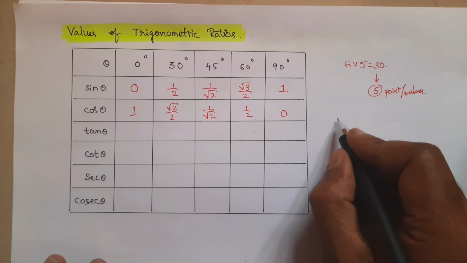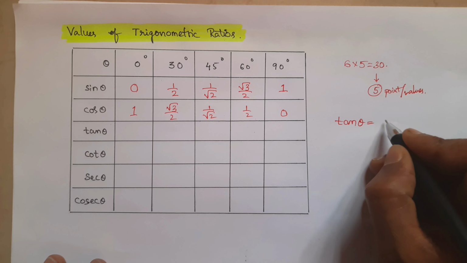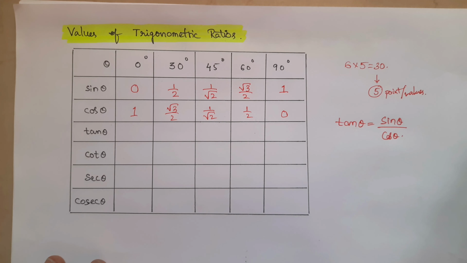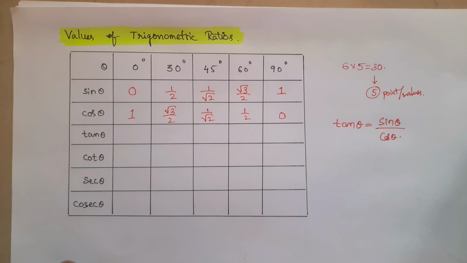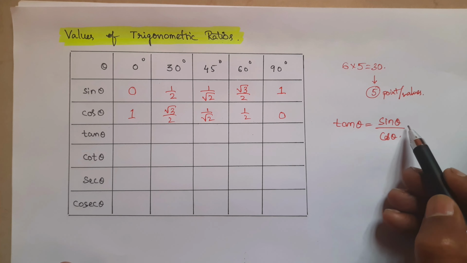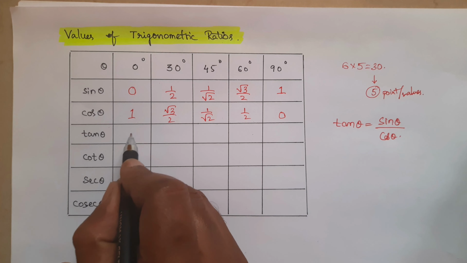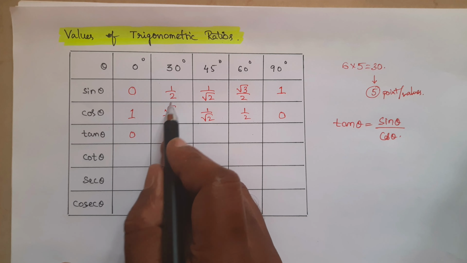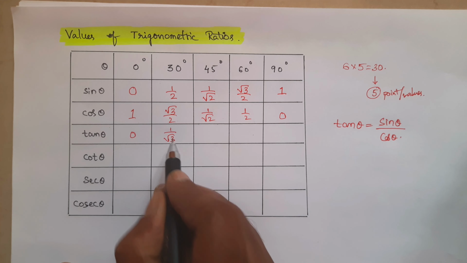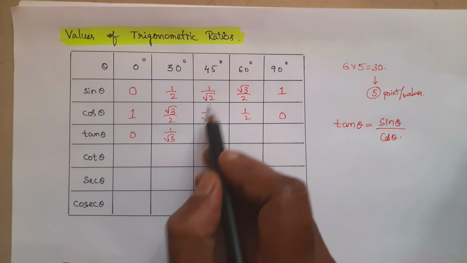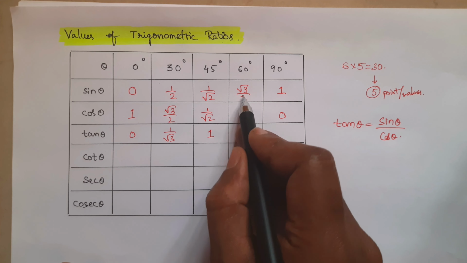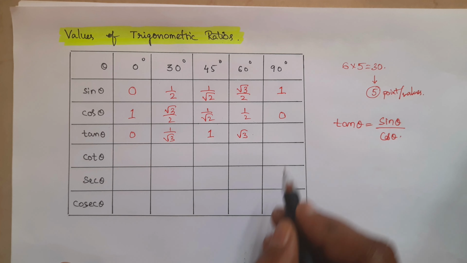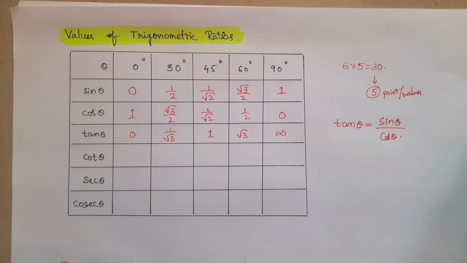Next, tan. What do you mean by tan theta? Tan theta is nothing but sin theta by cos theta. You remember this point, so you can also find this row. As sin by cos: 0 by 1 is 0; 1 by 2 divided by root 3 by 2, the 2 and 2 cancel, we get 1 by root 3; 1 by root 2 by 1 by root 2, both cancel, we get 1; root 3 by 2 by 1 by 2, 2 and 2 cancel, we get root 3; 1 by 0 is nothing but undefined.